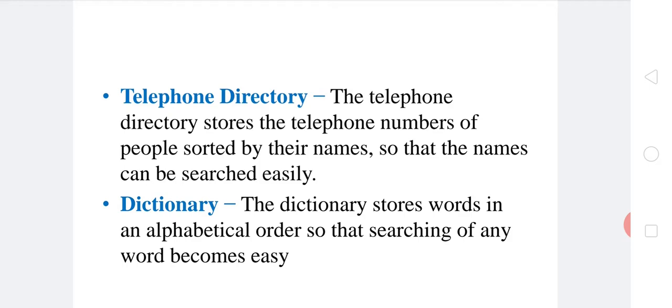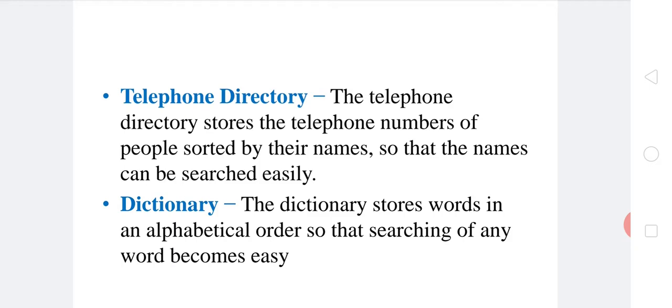These are some examples of sorting in real life scenarios. The first example is the telephone directory. The telephone directory stores the telephone numbers of people sorted by their names so that the names can be searched easily. If you want to search a particular person's mobile number, then we can directly go through the name of this person and find the mobile or telephone number.